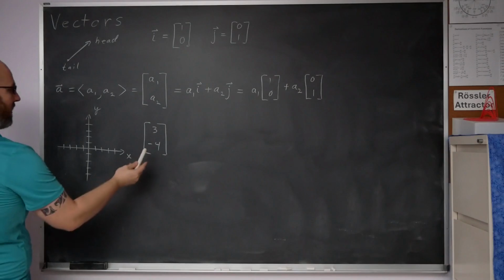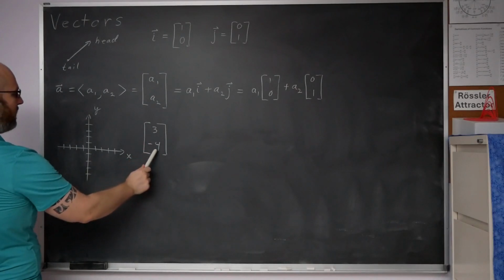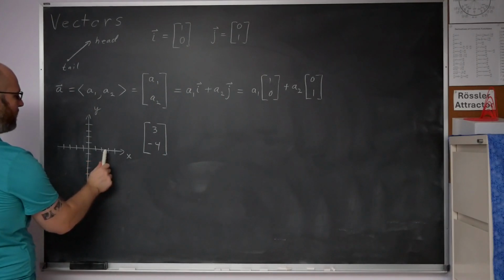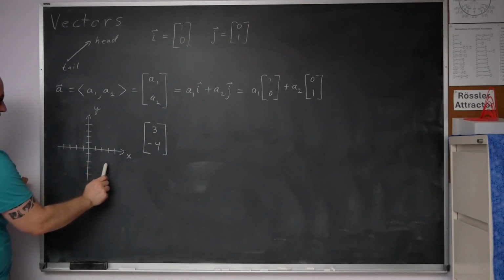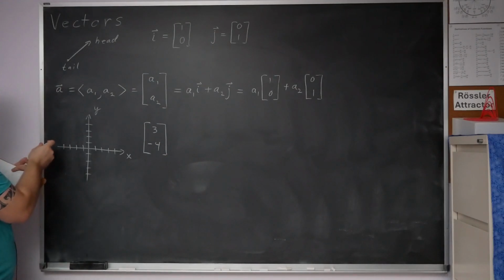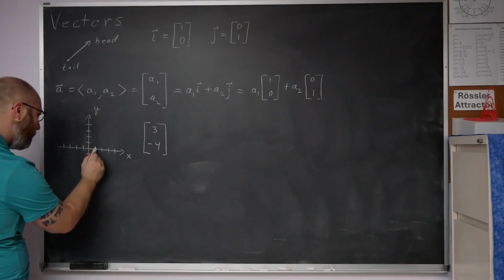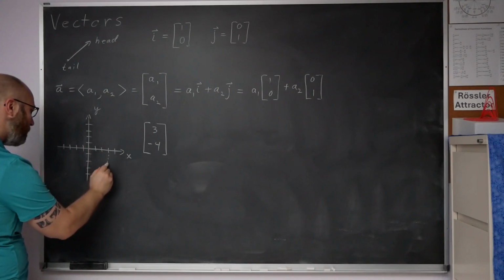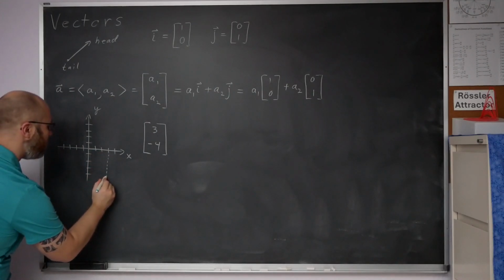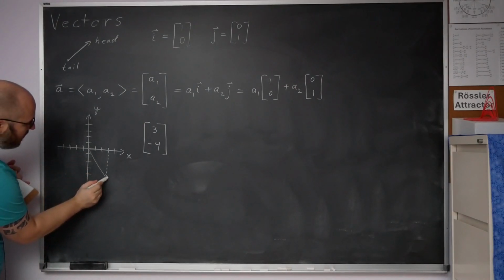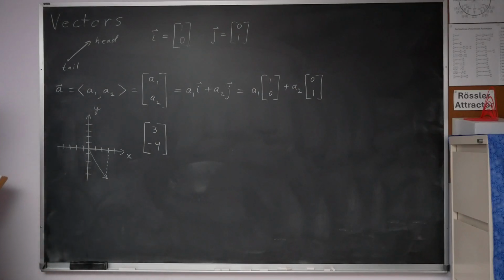So if I have a vector, and it's (3, -4), that means I go positive 3 units in the horizontal direction, and then -4 units in the vertical direction. If I draw that one, we end up right to here, and then down to here. So there's the end of my vector, and there's the head, there's the tail.